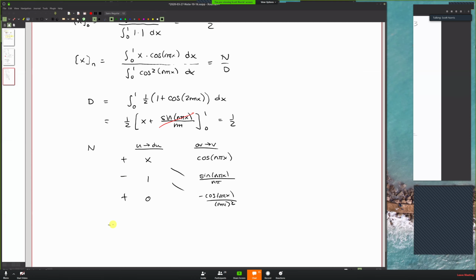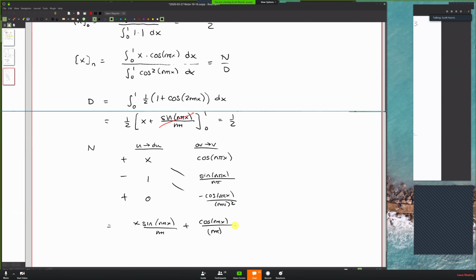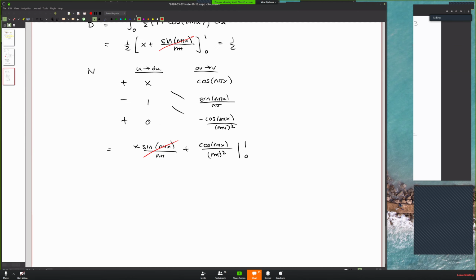And I've got plus minus plus. And so I get x sine of n pi x over n pi plus cosine n pi x over n pi quantity squared from 0 to 1. Sine of 0 is 0. Sine of n pi is 0, so no contributions from that term.